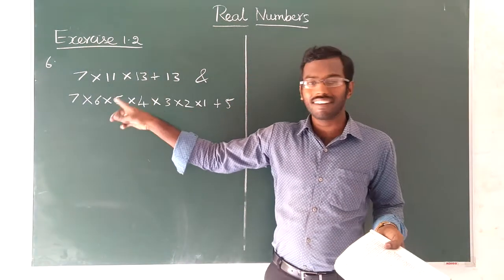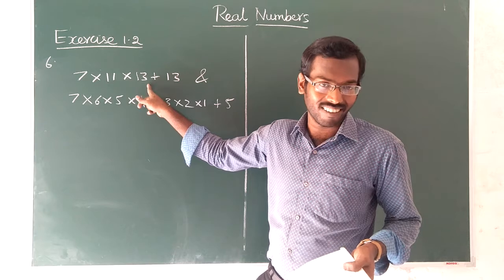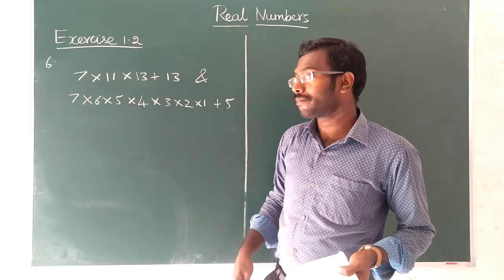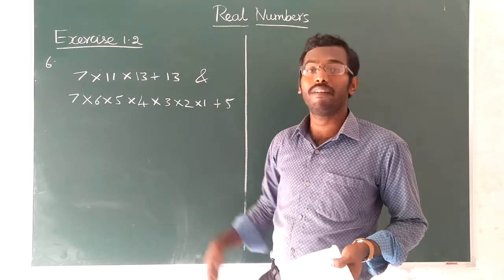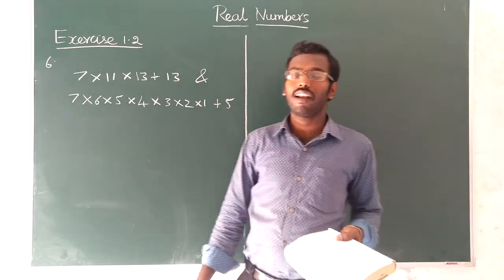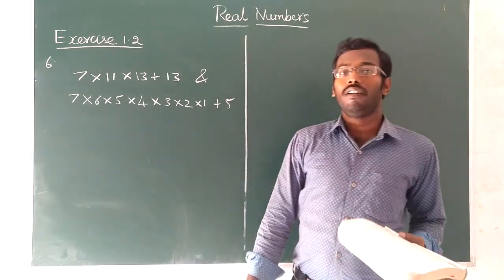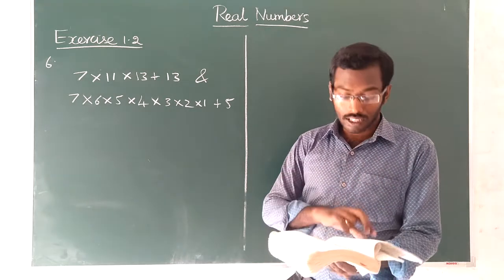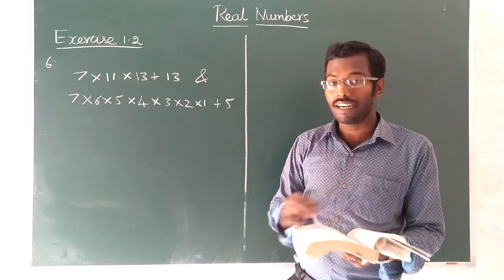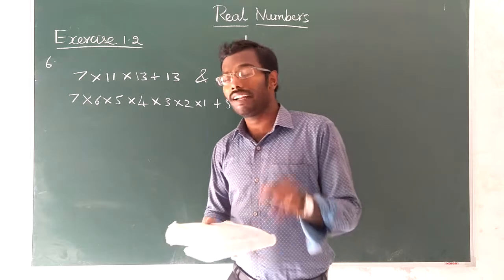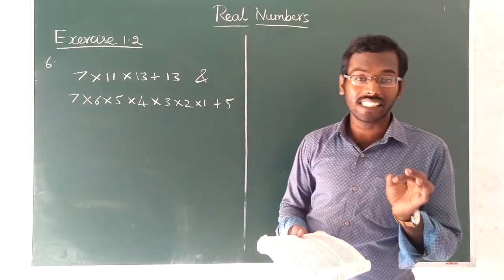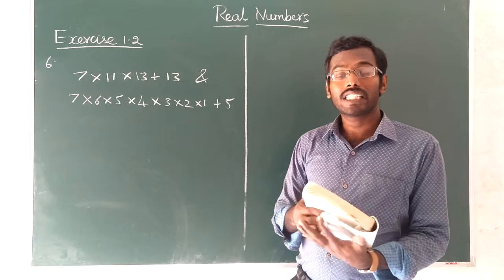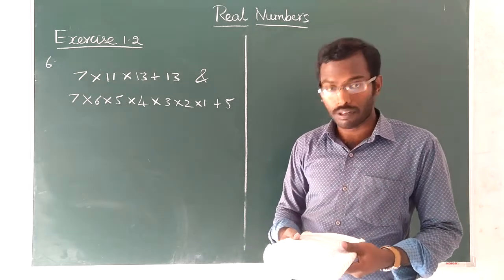The numbers are not directly given, but you have to tell how they can be called composite numbers. We are going to use the prime factorization concept. You know the fundamental theorem of arithmetic. It says that every composite number can be expressed as a product of prime numbers.